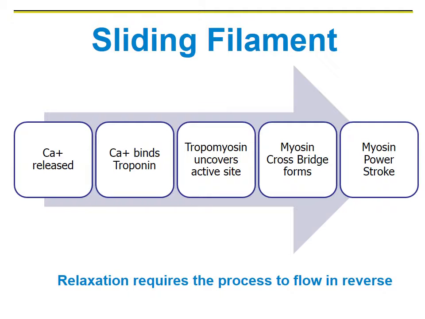When myosin pulls in the power stroke, each actin will be pulled toward the center of the sarcomere. The two Z discs will be pulled closer together and the sarcomere will shorten.